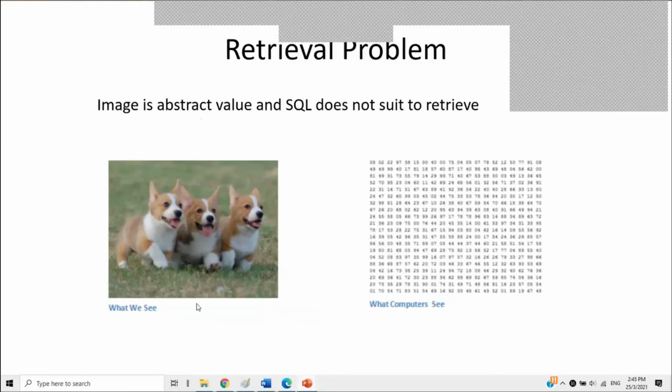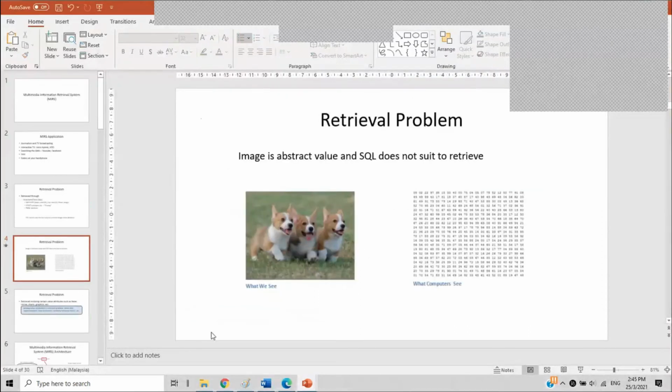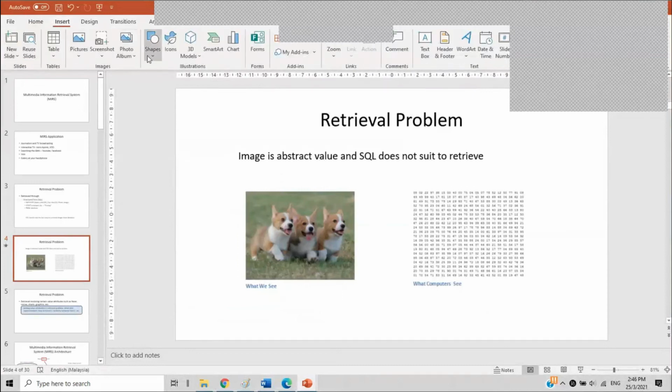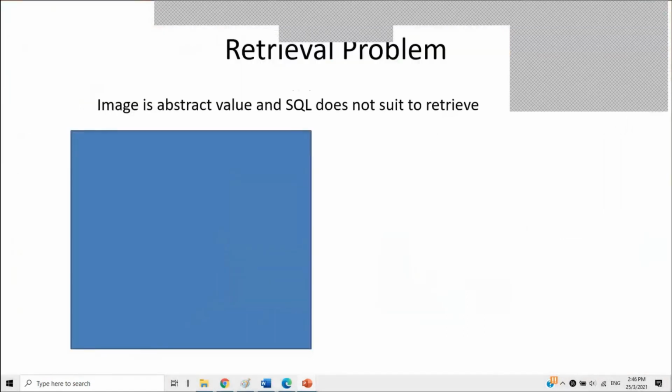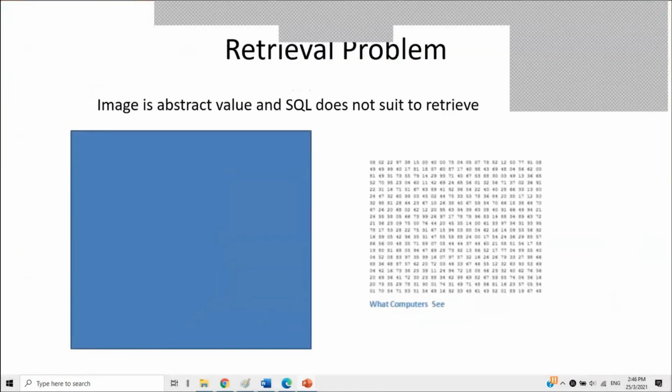Now if I just stop this, okay. What you can see here is not what the computer sees like this. I just see number 10. I just see number 94. I just see 49.